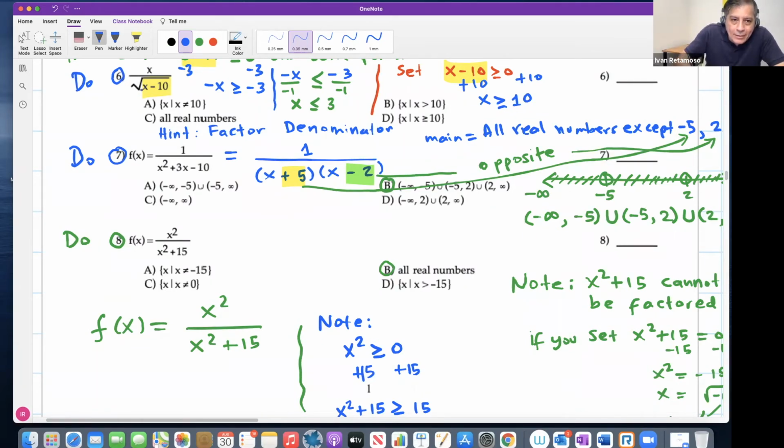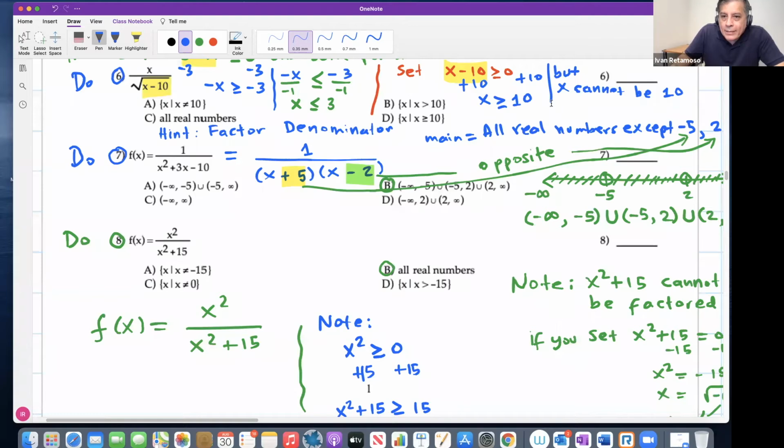But turns out this radical is at the same time the denominator of this function, right? It's on the denominator. So I'm gonna write here, but x cannot be 10, because if it's 10, 10 minus 10 is 0, right? 0 on the denominator is not good, right?